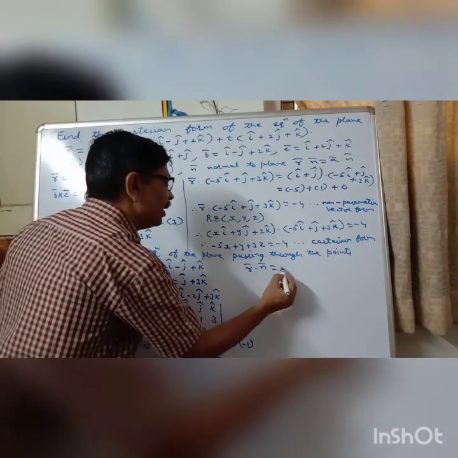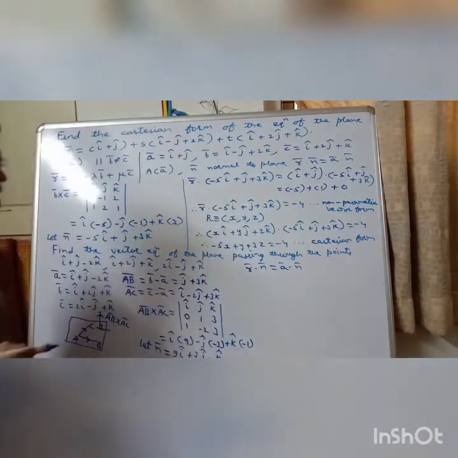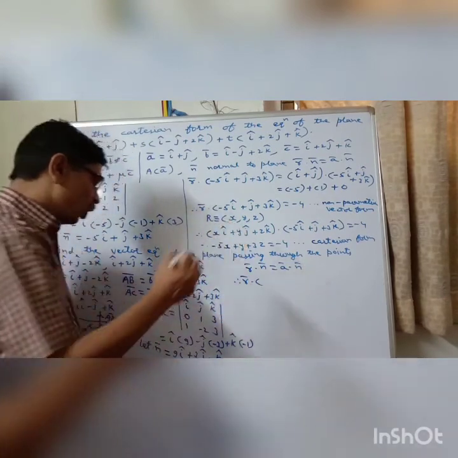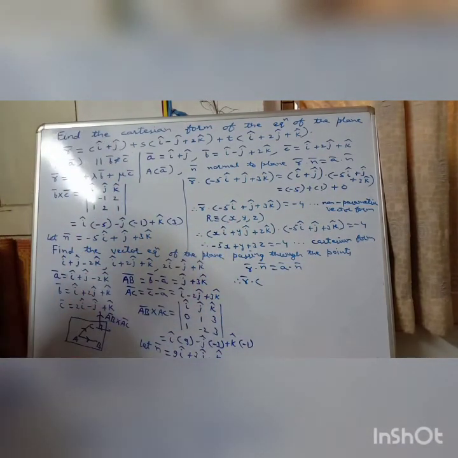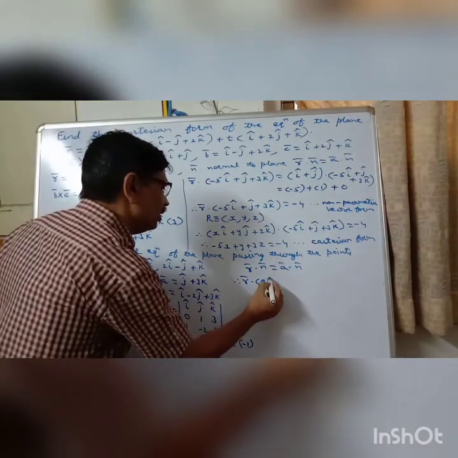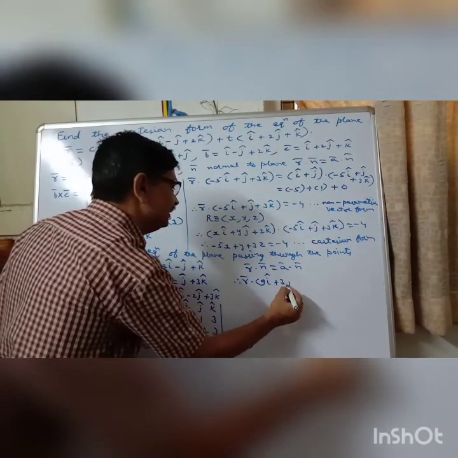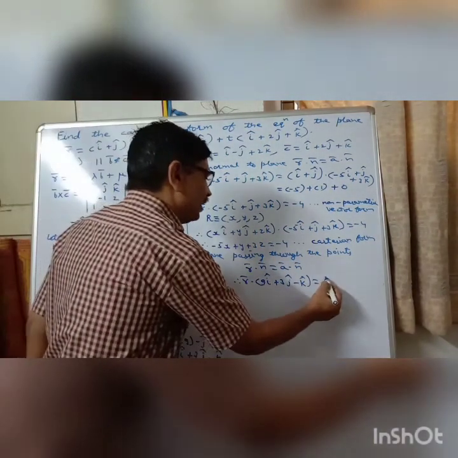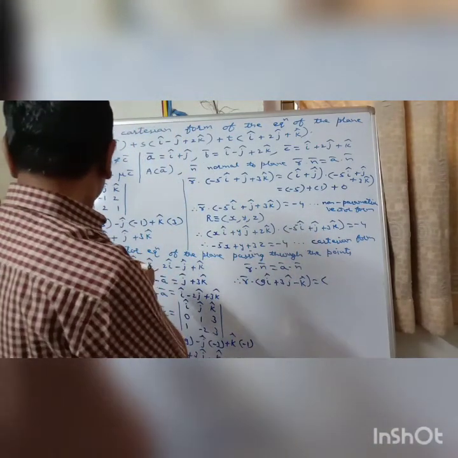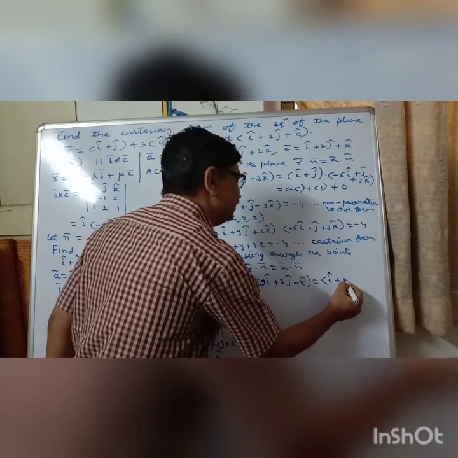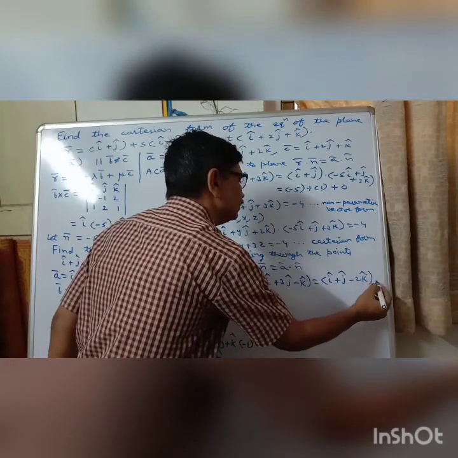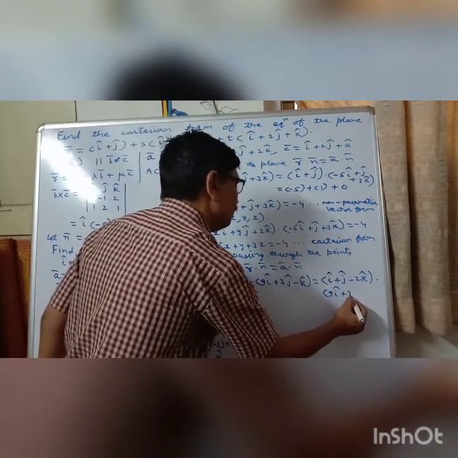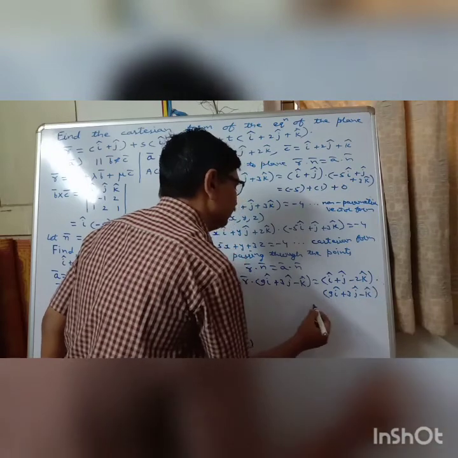R bar dot n bar equal to A bar dot n bar. Put the corresponding values. R bar dot, n bar we shall write in bracket, 9i plus 3j minus k, equal to, in one bracket, A bar, I plus j minus 2k, dot, in another bracket, 9i plus 3j minus k.